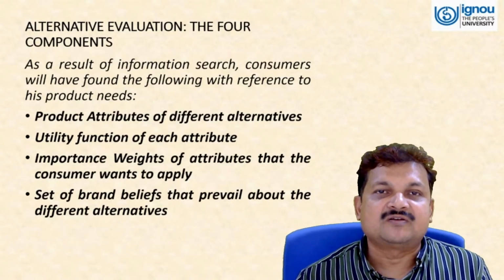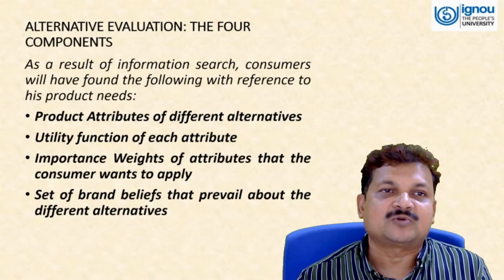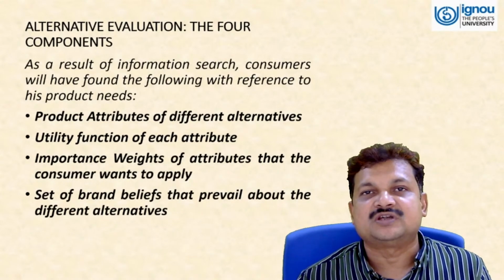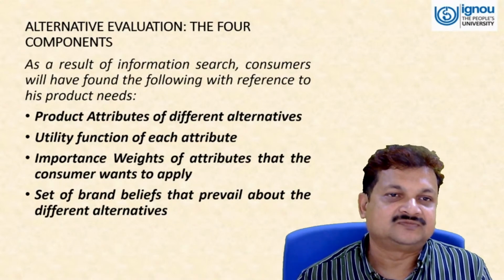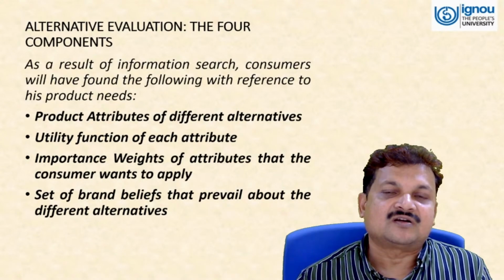Now, alternative evaluation, or we can call it evaluation of alternatives. These are the four components we are going to select to judge which is good and which is bad. First, product attributes of different alternatives.